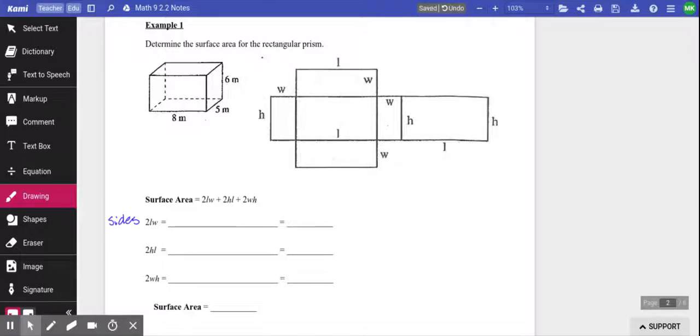The sides would be 6 times 5. That would give me one side of the shape. Because there are 2 sides, I'd times it by 2. That gives me 60 for the sides.